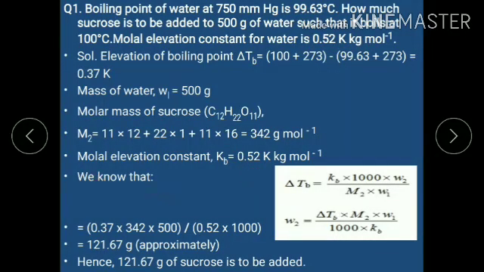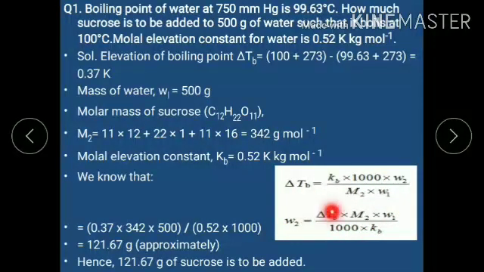We know that delta Tb is equal to Kb times 1000 times mass, upon molecular mass times the mass of the solvent in grams. Put the value of Kb, 0.52. You have to find the mass by cross multiplying.